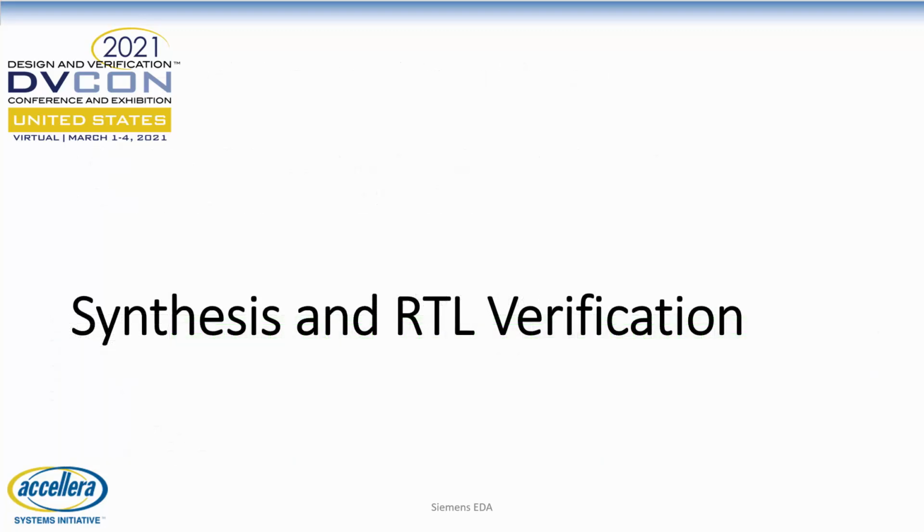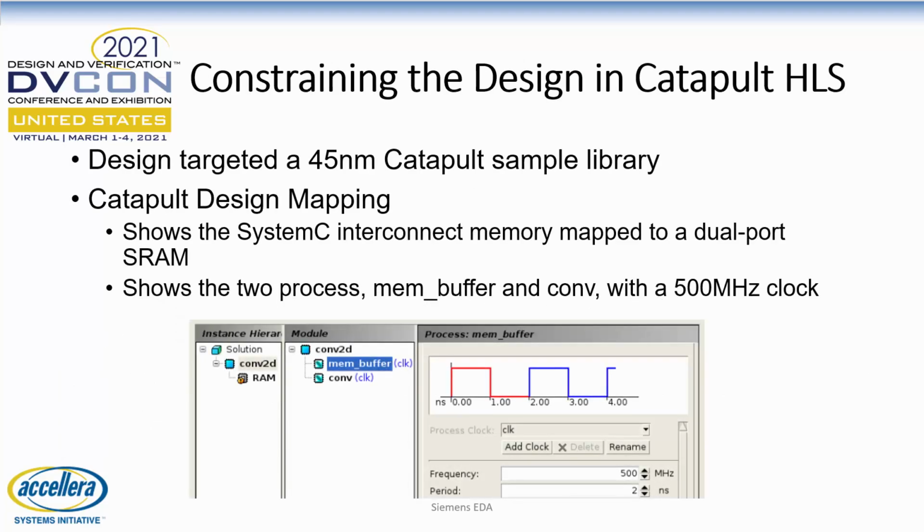The next section covers the synthesis and RTL verification of our accelerator. The design is constrained in Catapult to target a 45 nanometer sample library that ships with the Catapult HLS tool. In Catapult design mapping, it shows that the SystemC interconnect memory is mapped to a dual port SRAM.